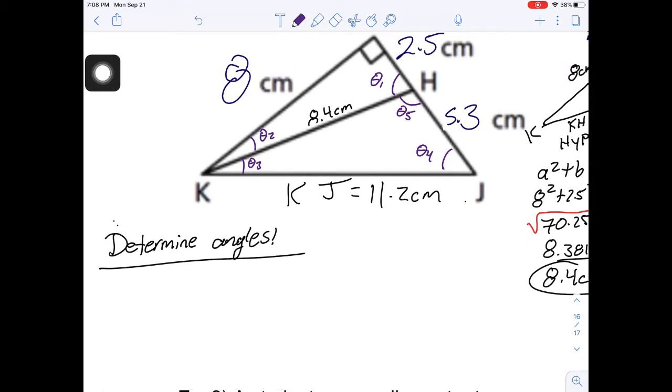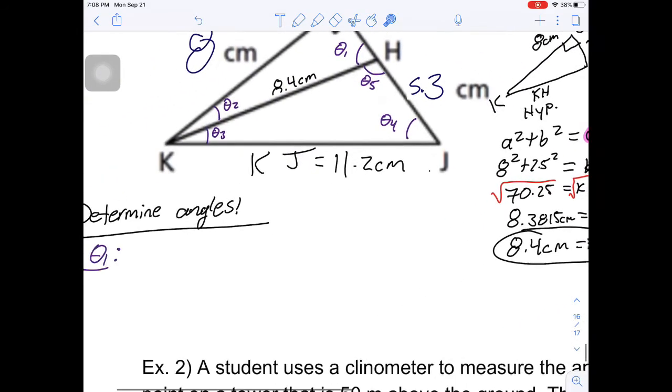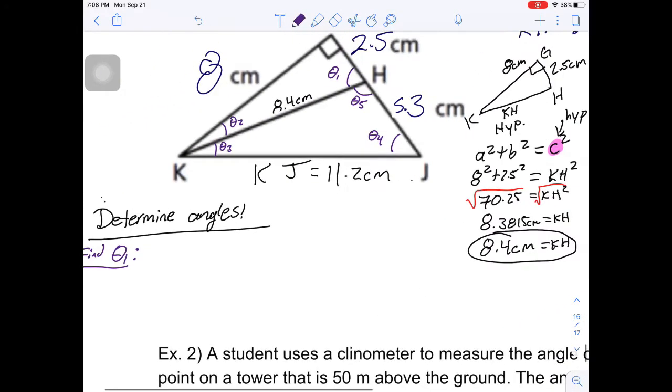Okay, so let's focus on finding angle 1. Looking at angle 1, it's in our triangle KHG. So I can draw this triangle out one more time here.